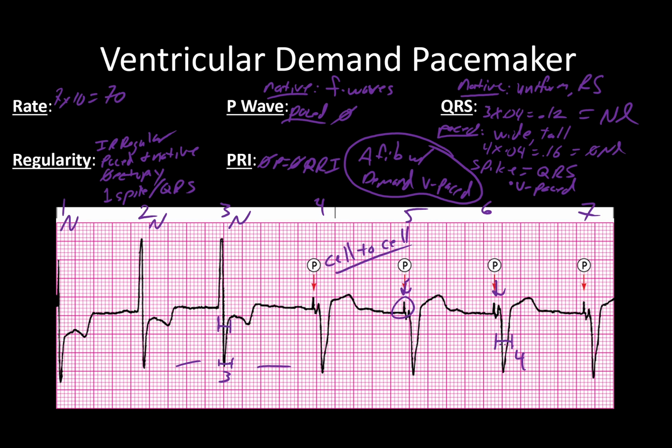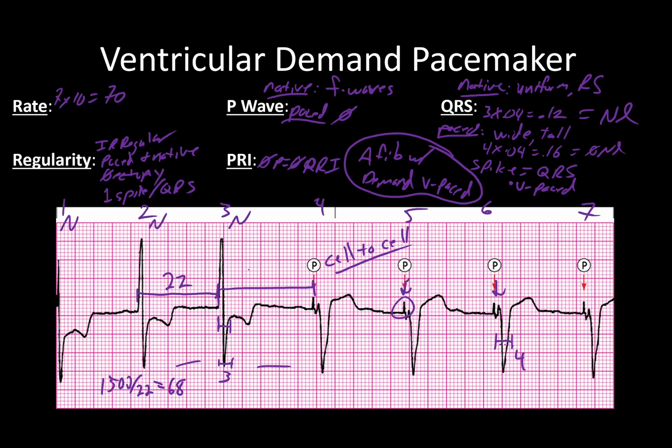Other things I'll point out is if you measure these out from the start of your QRS to the start of your QRS between 2 and 3, that's 22 small boxes. And that gives us a rate of about 68, which is a nice good rate. And then if you measure from here to when the stimulus occurs, well, not here, sorry.